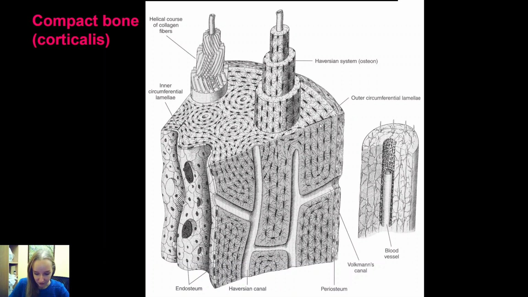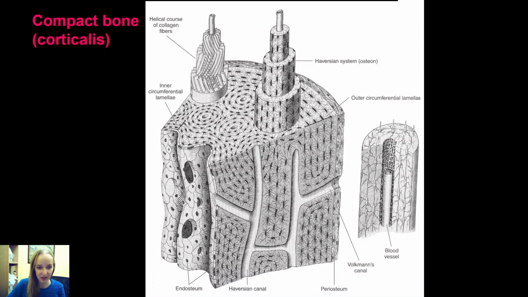This is like a three-dimensional diagram, and of course the fibers can also be seen here. We can see these collagen fibers here, and what we can see is that in adjacent lamellae they're going in the opposite direction.